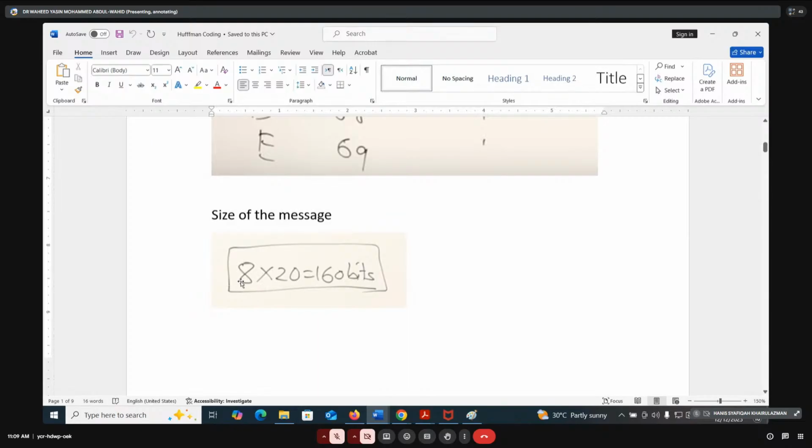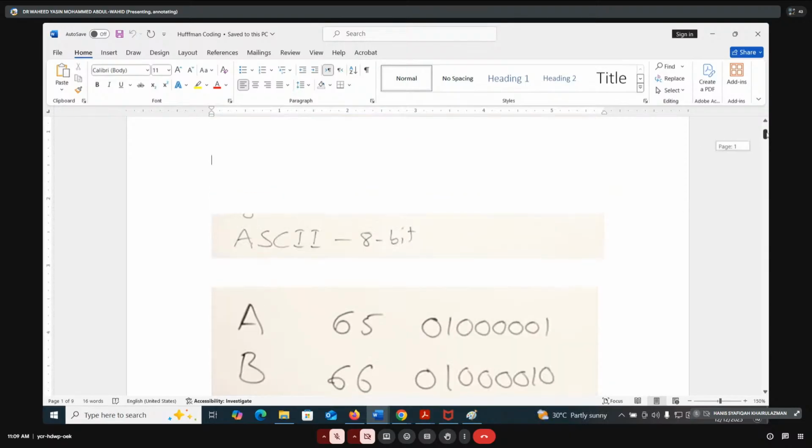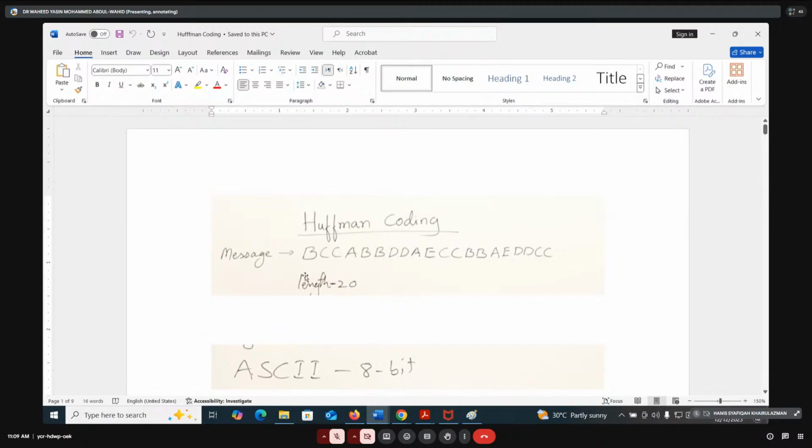How many characters do we have? 20. 20 multiplied by 8 is 160. So to represent this message, I have 20 characters, and each character is represented by 8 bits. So 8 multiplied by 20 gives 160.